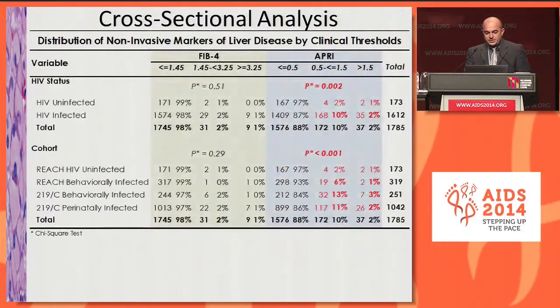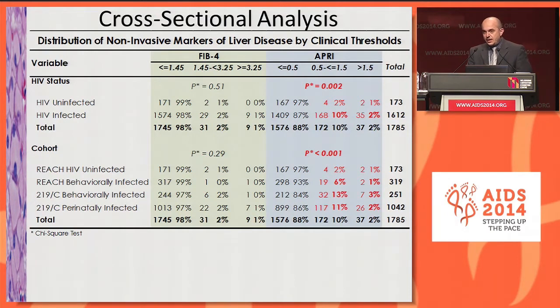So in the cross-sectional analysis, looking at the distribution of these markers and the relevant clinical thresholds, on the left, for FIB-4, we did not have enough samples in the clinically relevant greater than 1.45 cutoff to have any significance.